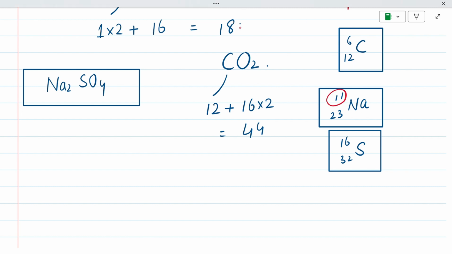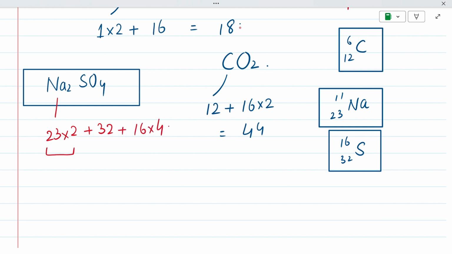It will give you an idea of how many electrons there are if it is a neutral atom. But if you're calculating the atomic mass, make sure you choose wisely. So 23 times 2 plus 32 plus 16 times 4.